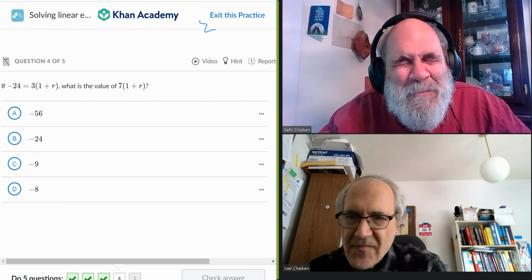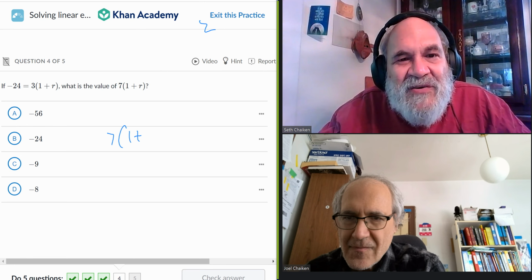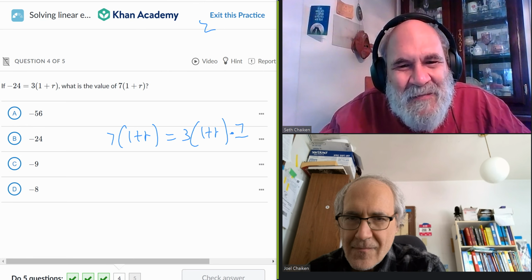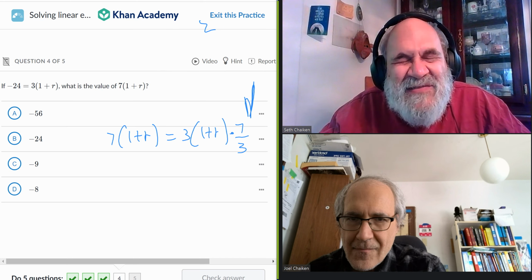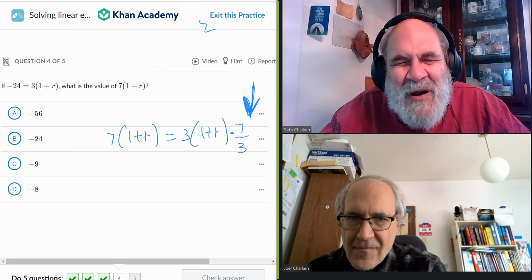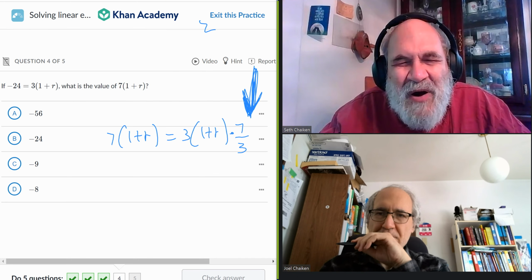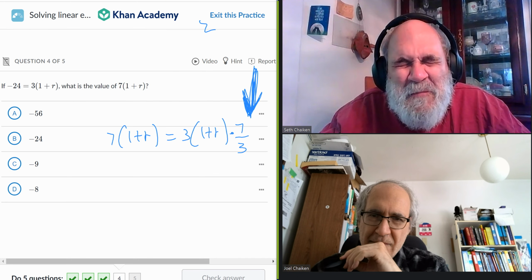Yeah. So you have to figure out what fraction do you multiply the right-hand side to get 7 times 1 plus R. There you go. Well, you multiply it by 7, divide by 3.